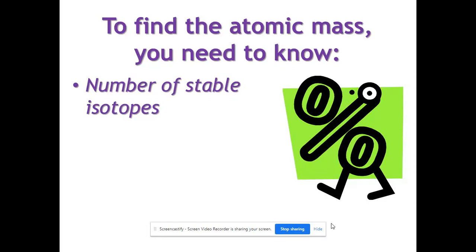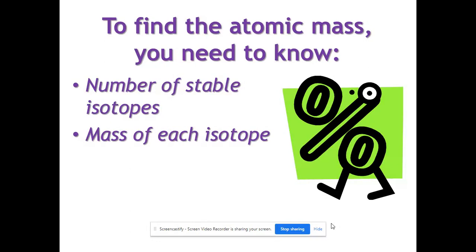We're going to do a lab soon where you'll be playing around with isotopes, adding in numbers of protons and neutrons, and you'll see that you get to a point where you can add in too many neutrons or take out too many, and it becomes unstable. So there's only usually a limited number of stable isotopes. You can't just have 30 different isotopes. There is a limit.